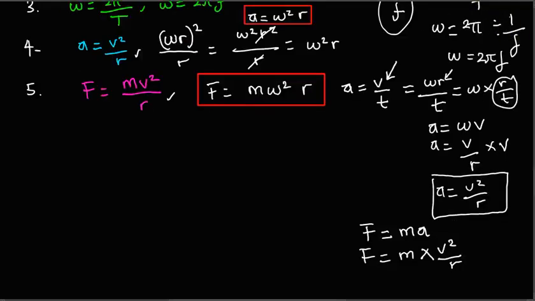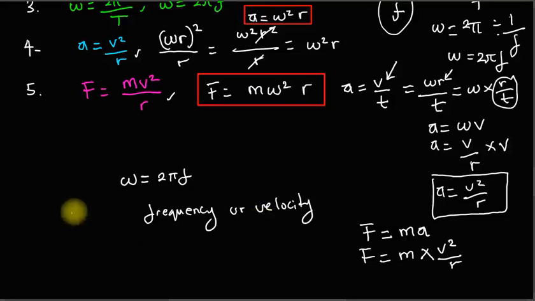Also, I want you to know that there is no difference between angular frequency and angular velocity. I'm talking about this. So this symbol here is used to mean angular frequency, which is also the same thing as angular velocity. So it's either frequency or velocity. Don't get confused when you're asked a question. Calculate the angular frequency or calculate the angular velocity.